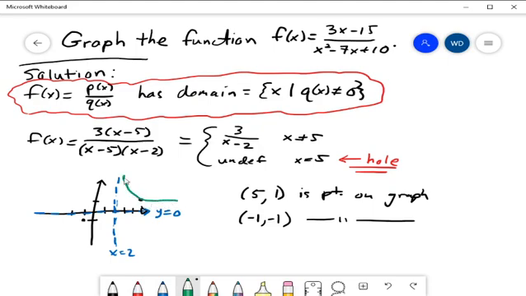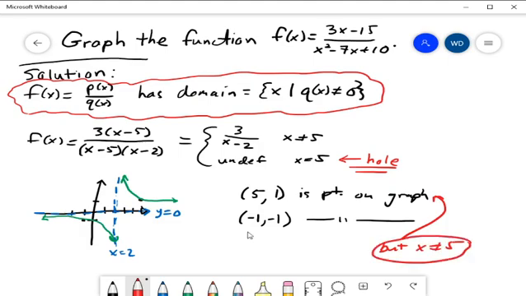Now on Alex, you would just hit the Graph Me button, and it would look something like that. Okay, this is approximate, of course, but that's not right, because when x equals 5, it's undefined, right? So there's actually not a point there.